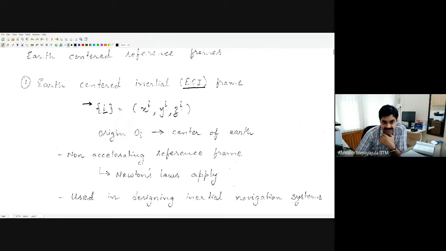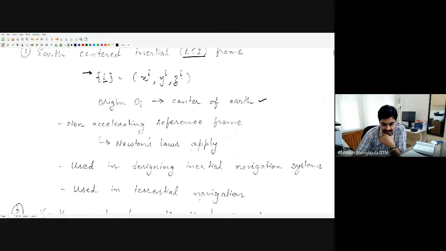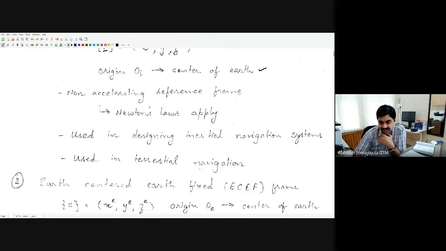Notice that the X, Y, and Z axes of this inertial frame are represented by X superscript I, Y superscript I, and Z superscript I. The origin O_I will be at the center of the Earth in this particular case. And again, this is primarily used for designing inertial navigation systems and terrestrial navigation.